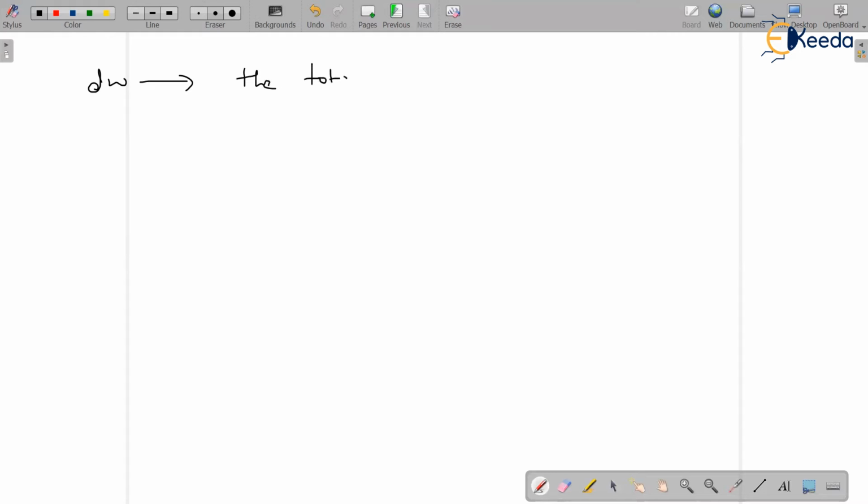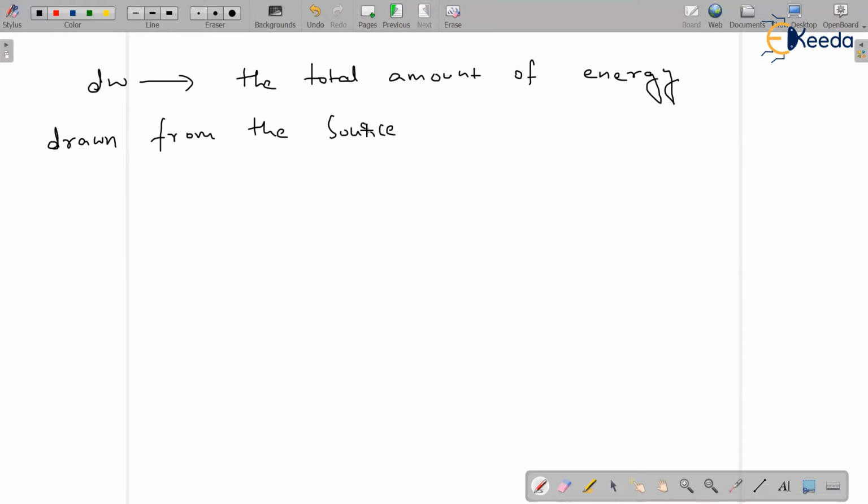The total amount of energy drawn from the source in dt seconds.